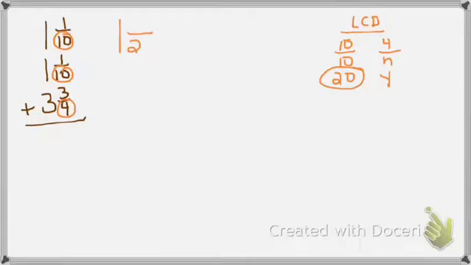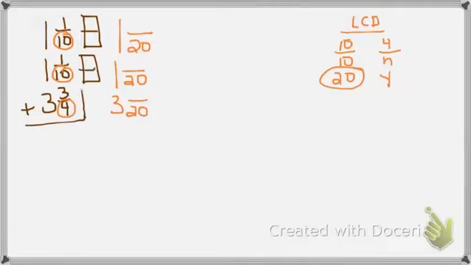Now I'll make a fraction bar and put that new LCD of 20. Again, I'll move my whole number of 1 over. Now I'll make a fraction bar, put my new LCD of 20, and on the bottom I'll move my whole number of 3 over, put a fraction bar, and make my LCD of 20. Now I'll set myself up with my window boxes so I can make my new equivalent fractions.